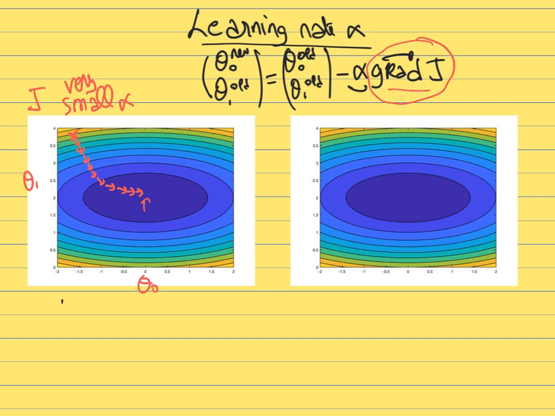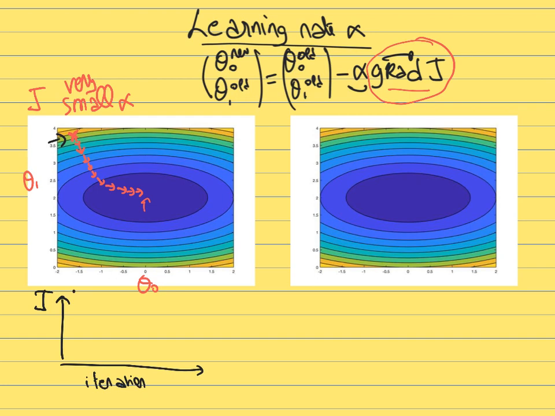If you plot the value of the cost function as a function of the number of iterations in your gradient descent, initially you start with pretty wrong values of theta 1 and theta naught, so your cost function is going to be very high.